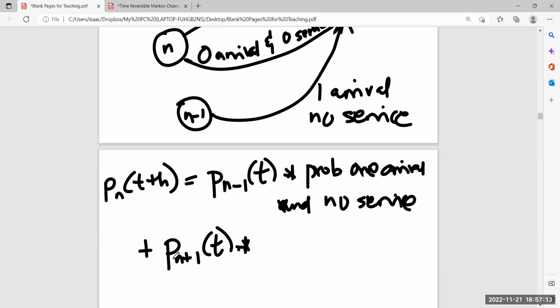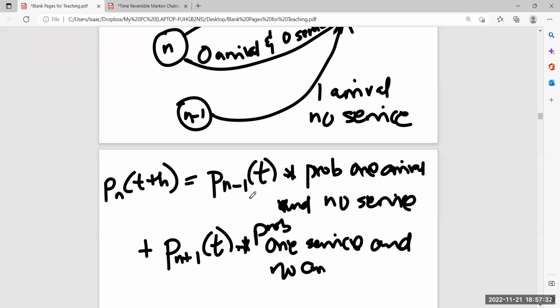At time t we have n plus 1 individuals, but to get to n, one person must leave. So we have one service. So the probability of one service and no arrivals.